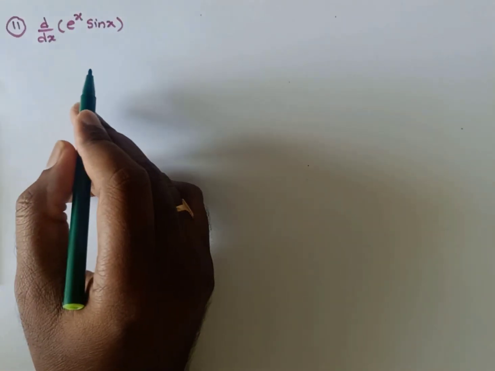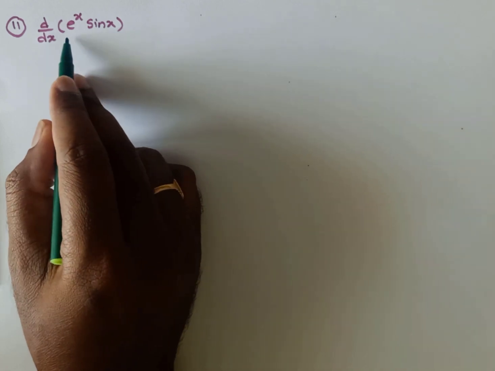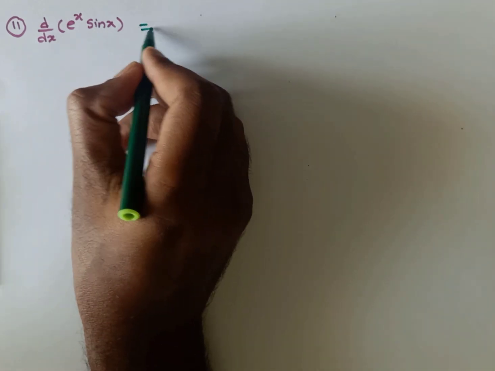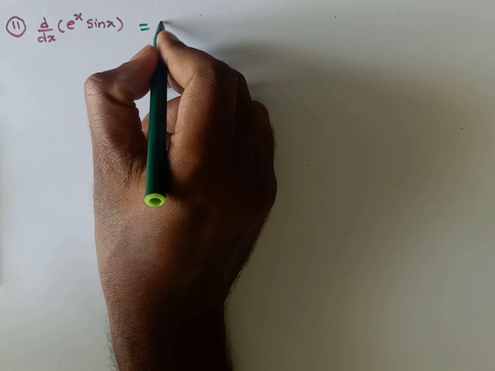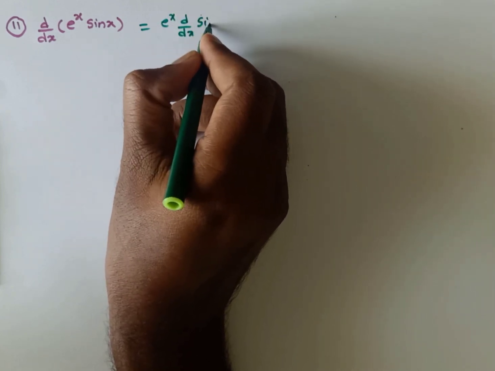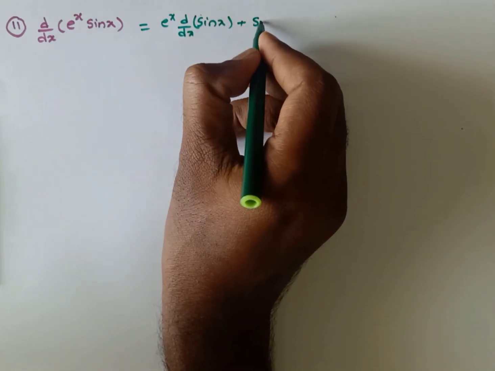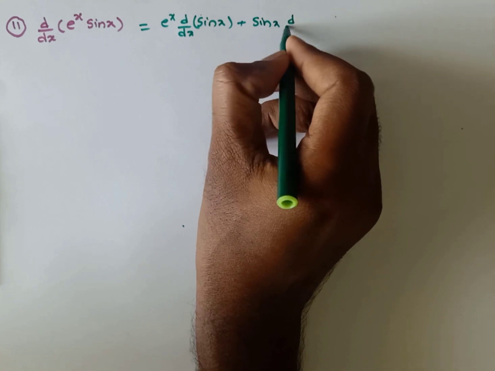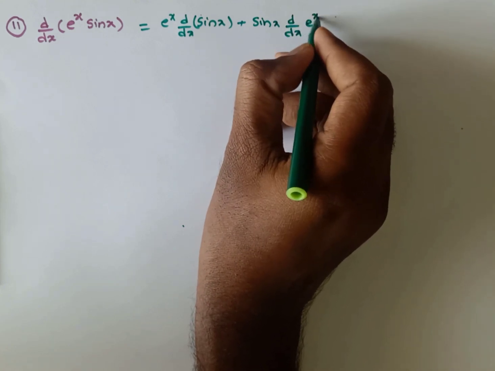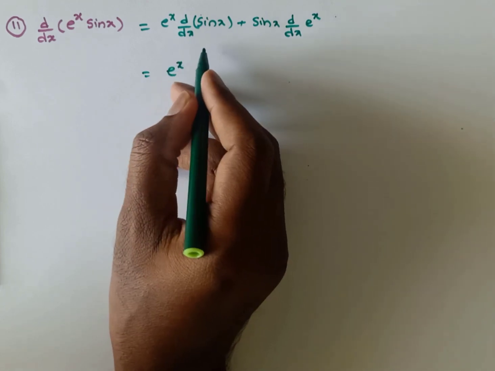Now d by dx of e power x into sin x. Okay, so this is in the form of u into v. So directly apply the formula: u into v means e power x into d by dx of v, that is sin x, plus v, that is sin x into d by dx of e to the power of x. What does e power x into the derivative of sin x become?